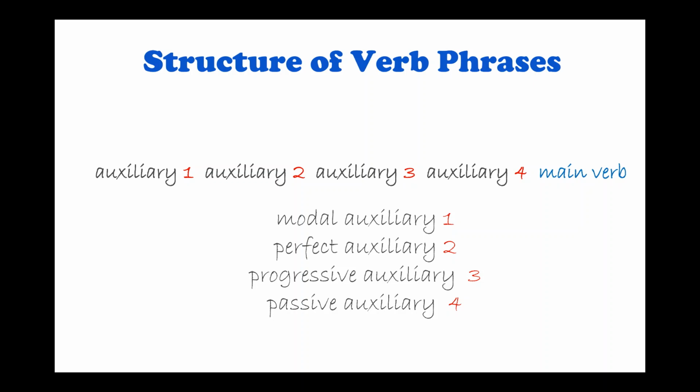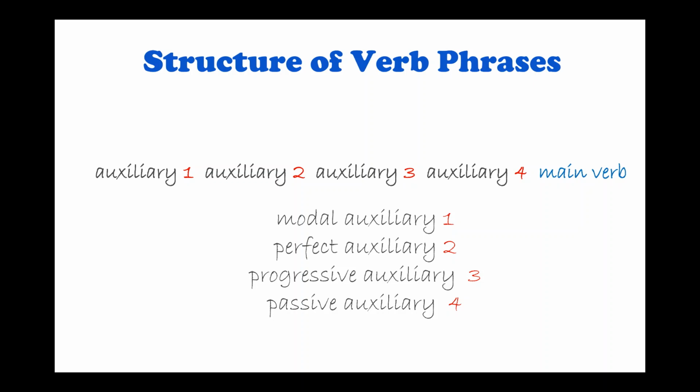In either way, if we have a modal auxiliary, then what follows should be in its base form. However, if we were to use the perfect auxiliary, that is have, then have has an effect on what follows, and what follows have should be in the past participle.